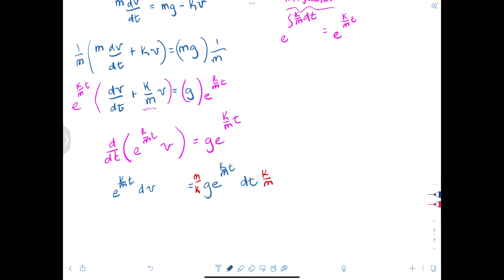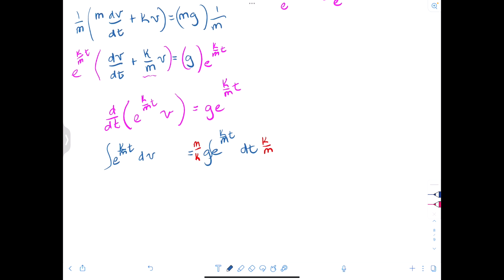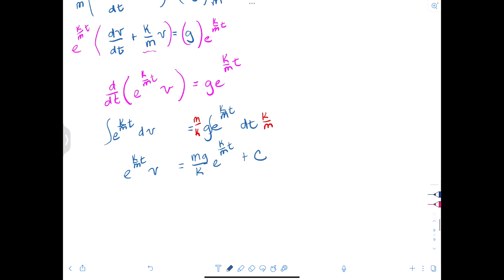And then integrating both sides, don't forget that that g gets treated as a constant as well because we're integrating with respect to t. So we will have e^((k/m)t) times v is equal to (mg/k) e^((k/m)t) plus our constant of integration.